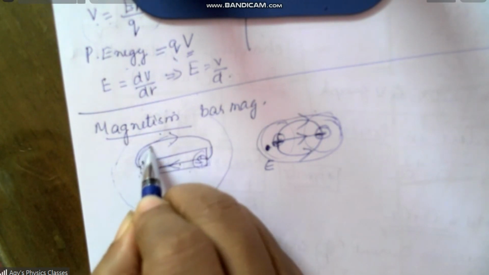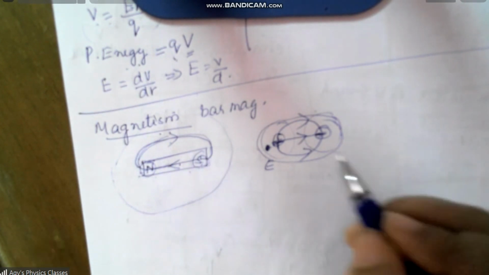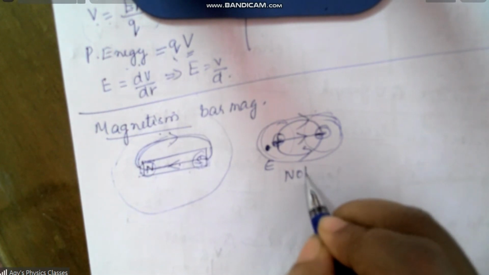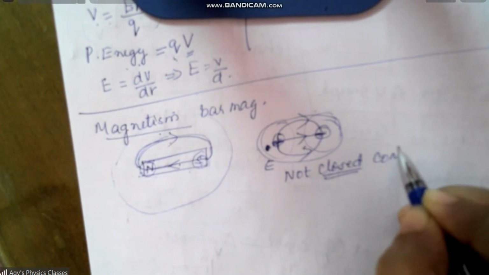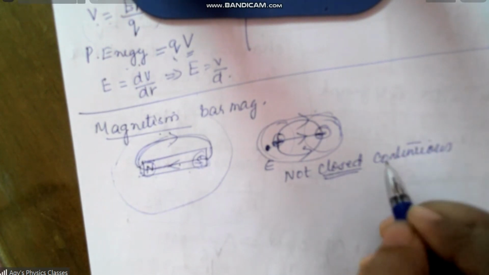They are closed continuous curves. But here it is not closed: electric field lines are not closed and continuous. This is one major difference.